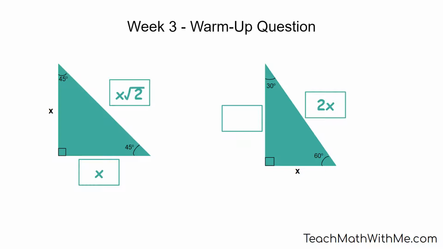Now what about the remaining leg length, the one opposite the 60-degree angle? You should have said x times the square root of 3. So for a lot of students, it really comes down to remembering that the square root of 2 length goes with the 45-45-90 triangle, and the square root of 3 length goes with the 30-60-90 triangle.